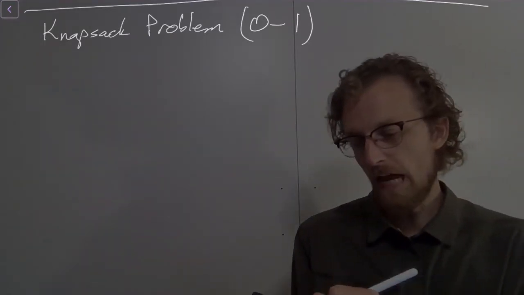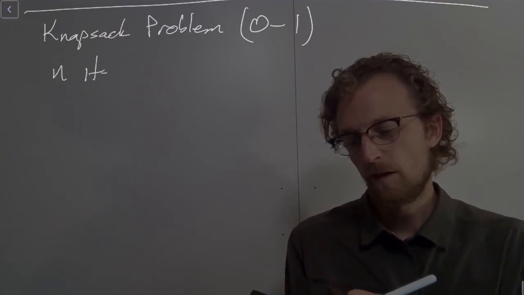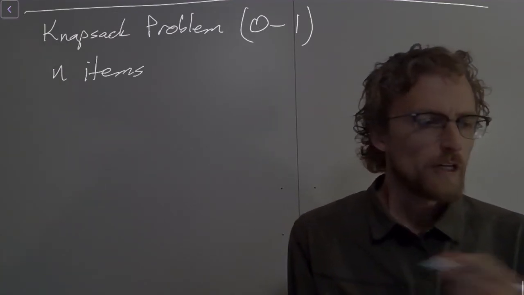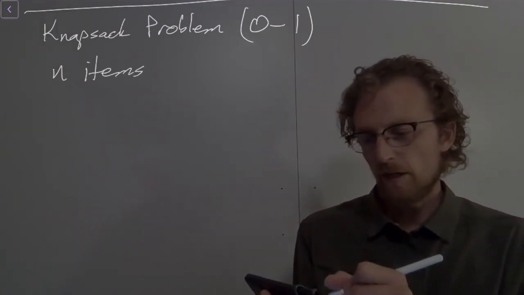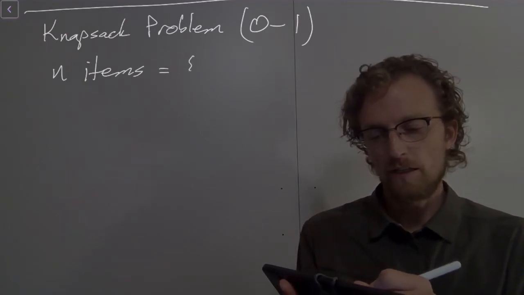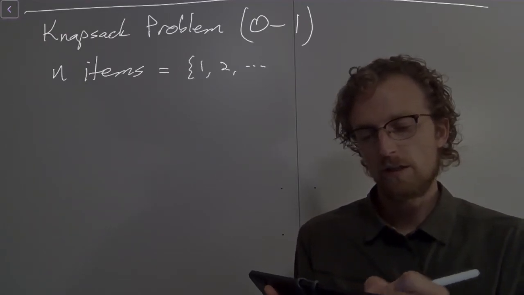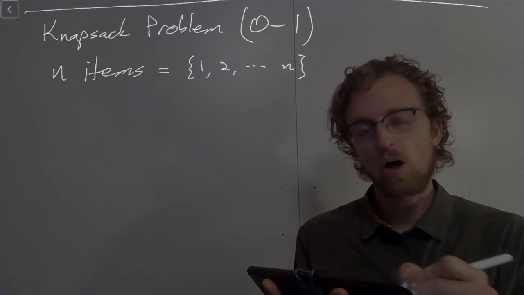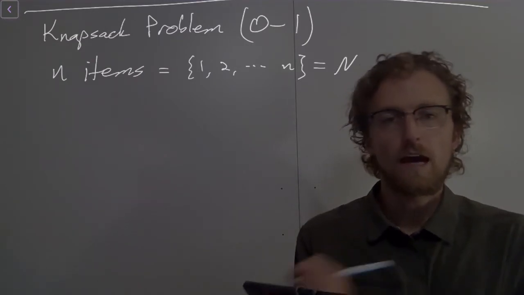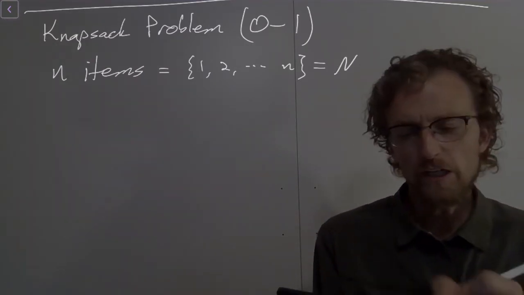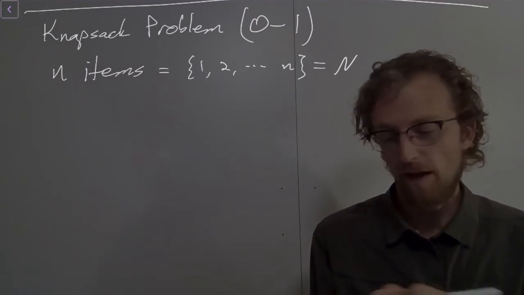Okay, so mathematically, this is how this goes. I have a collection of n items. For each item, I have a value, right? So n items, I'm going to call these 1, 2, all the way up to n, and I'll call that set capital N. For each item in the set, I have a value.